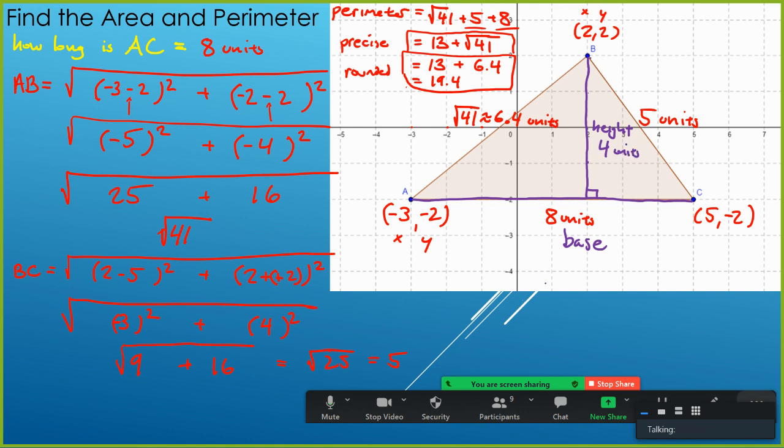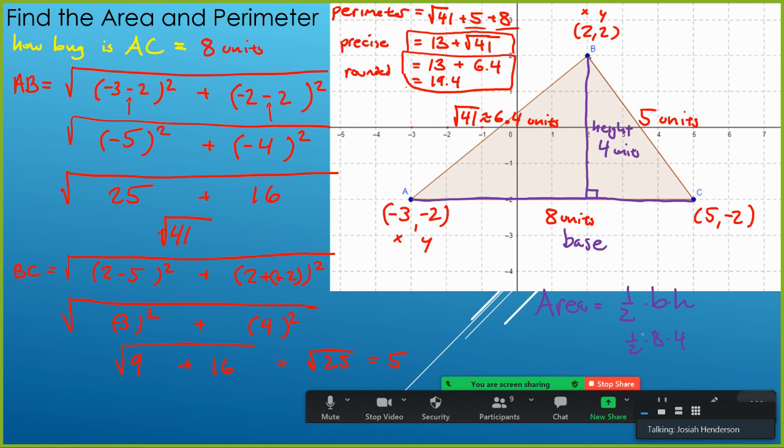Area formula: 1/2 times base times height. One half times 8 times 4. So multiply the base and height, that's the easy part to do first, and then divide it by 2.